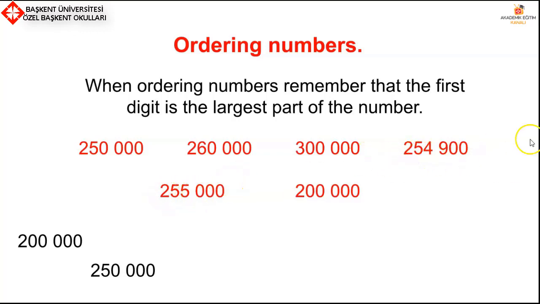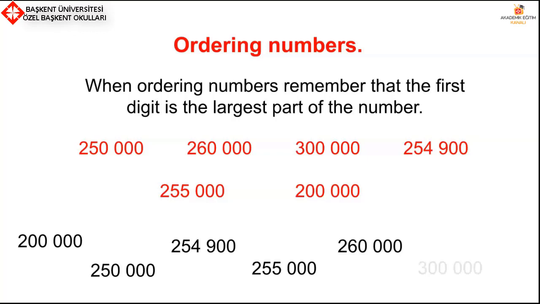Then 254, 255. So of course the next number is going to be 254,900. We've got 3 numbers left: 255,000, 260,000 and 300,000. So the smallest number out of those 3 is your 255,000. Next number is going to be 260,000. And the last number, or the biggest number, is going to be 300,000.